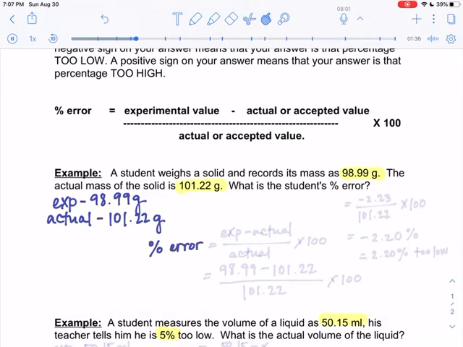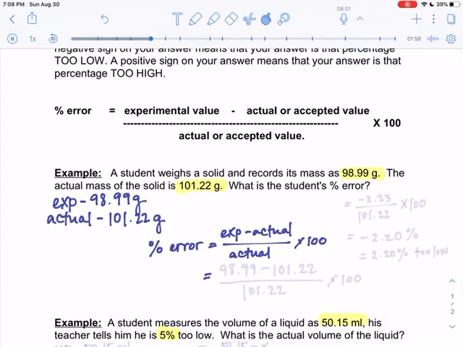So we have percent error equals experimental minus our actual, over the actual, times 100.